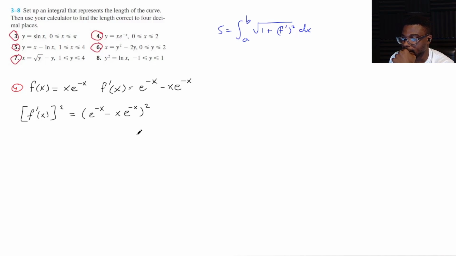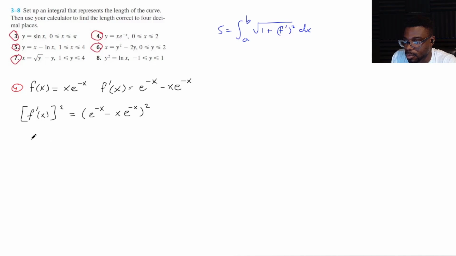And we may be able to expand this and then add it to 1 and then possibly simplify it. So let's try it out. We'll try expanding it, adding it to 1, and then see if we can simplify it to something that we can take the square root of.